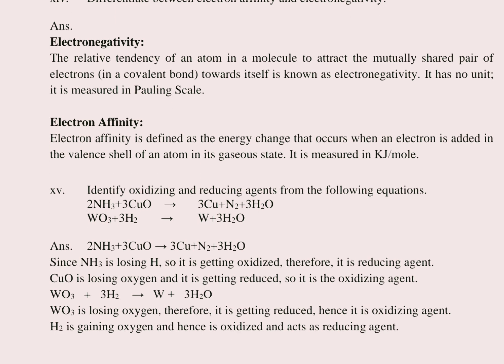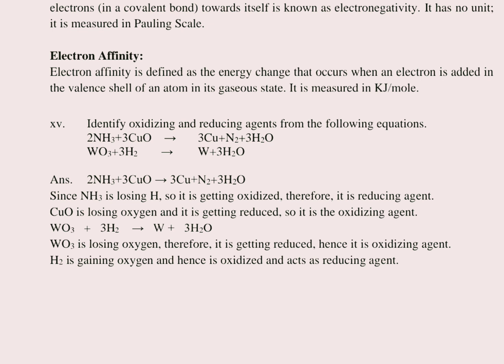Then we have again a question which is in the first set as well. Identify oxidizing and reducing agents from the following equations. The equations are given to you, and we are very clear about that. The very first one has ammonia and copper oxide, and copper oxide is releasing oxygen, so it is losing oxygen.